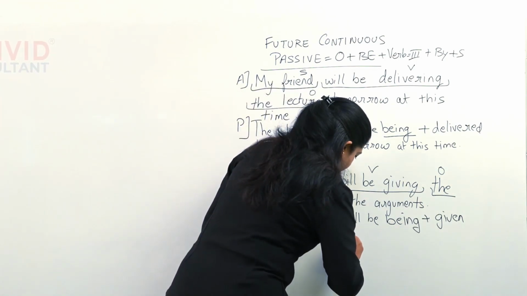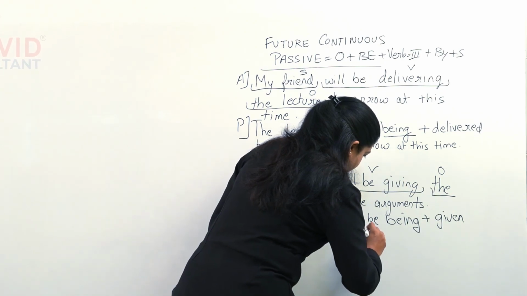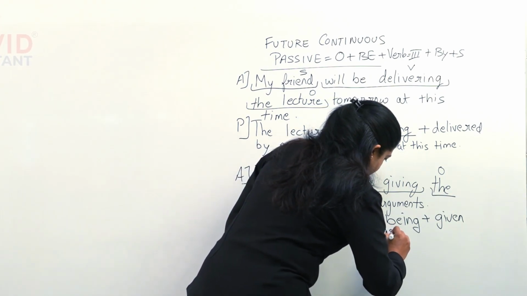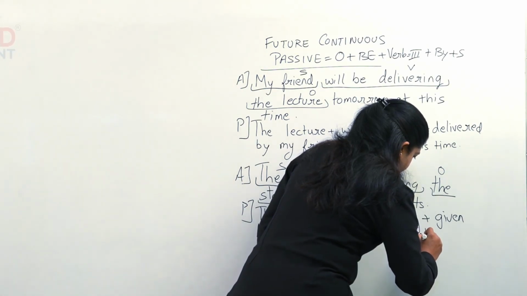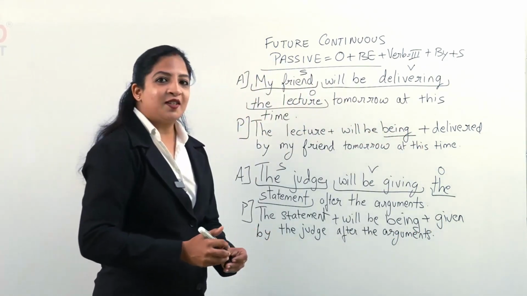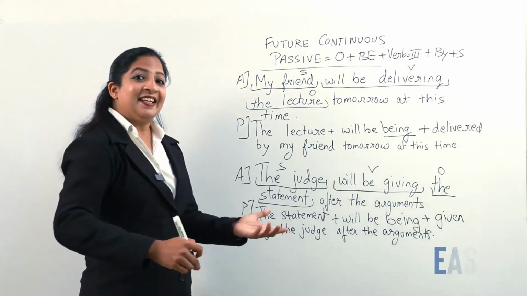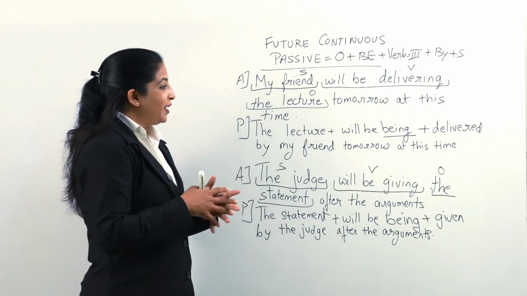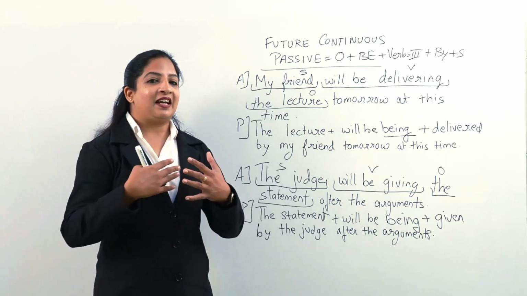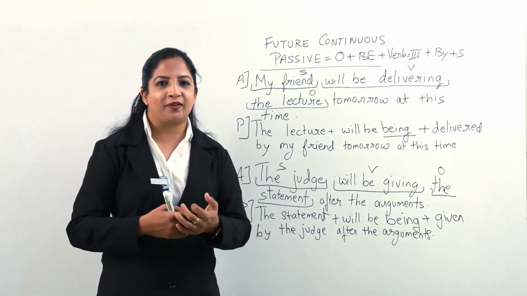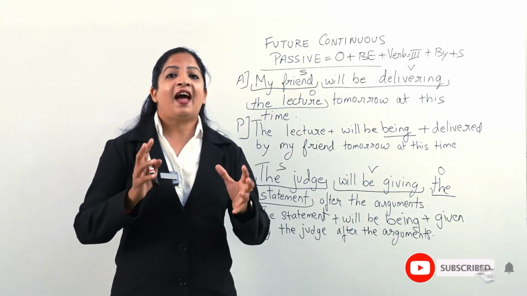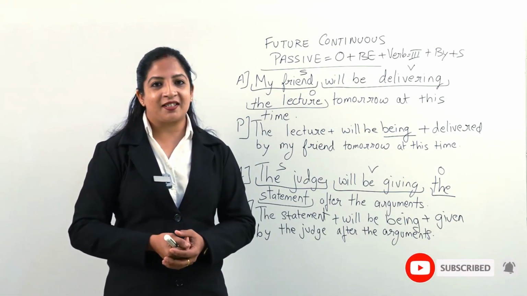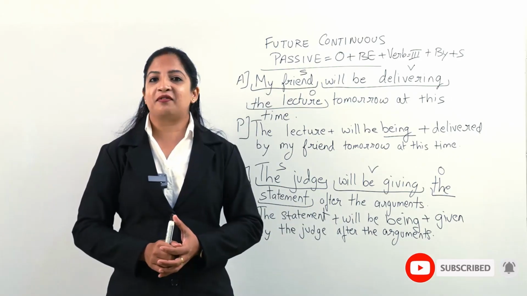After the argument. So here we go. Easy. So whenever you have a requirement or feel like converting a future continuous active sentence into passive, this is how you can do it.